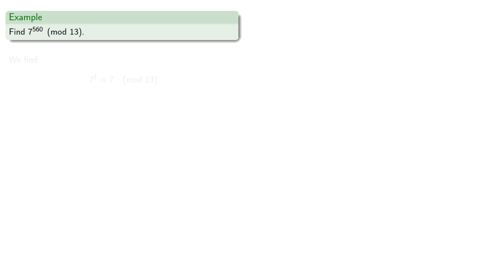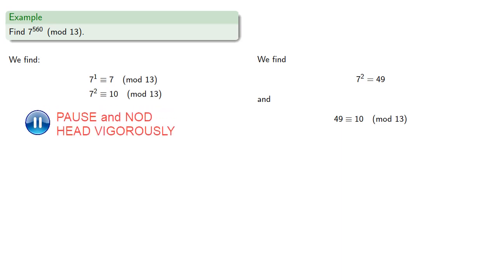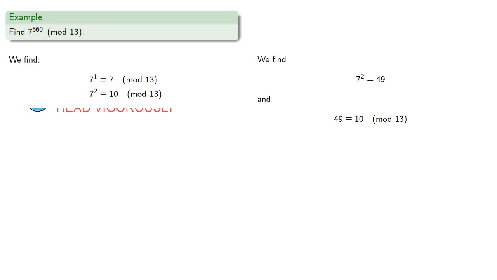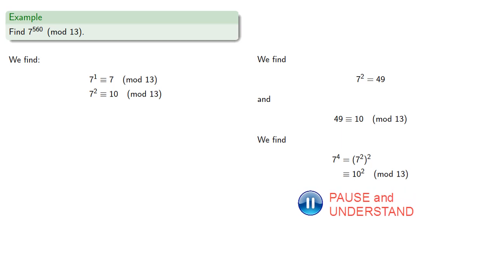Well, 7 is congruent to 7. 7 squared, well, that's 49, which we can reduce to 10 mod 13. We'll find 7 to the 4th by squaring 7 squared. But 7 squared is 10. 10 squared is 100, which we can reduce.